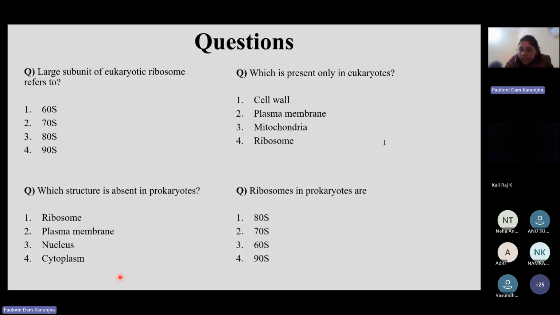Right. So: TS, 60S, plasma membrane, nucleus.